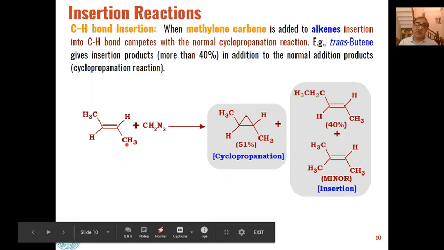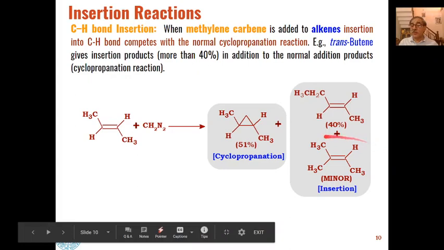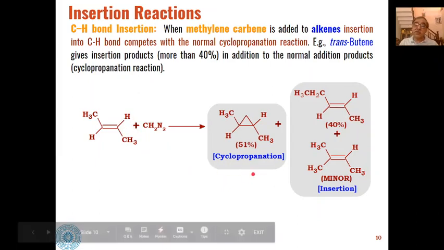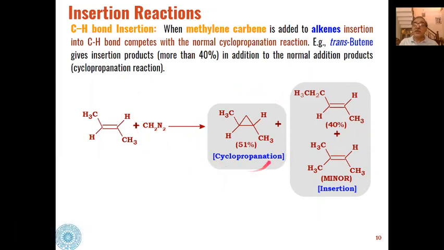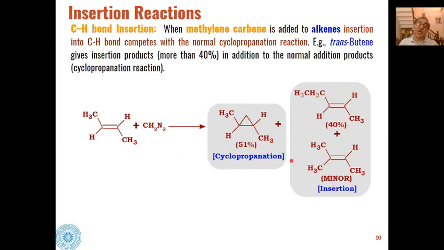But if insertion is to take place, that will preferably take place at either this methyl or this methyl, because 40% of the product formed through insertion is at this position, whereas the minor insertion product is formed when this is inserted between this carbon and this hydrogen. But we can see that the major product in comparison to these two is the cyclopropanation. So cyclopropanation competes with insertion reaction in case of alkenes.